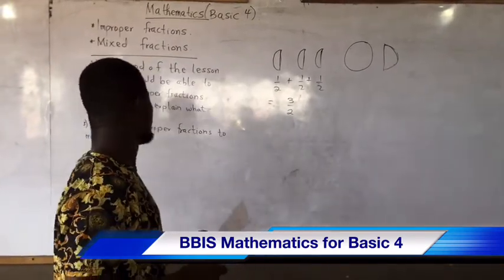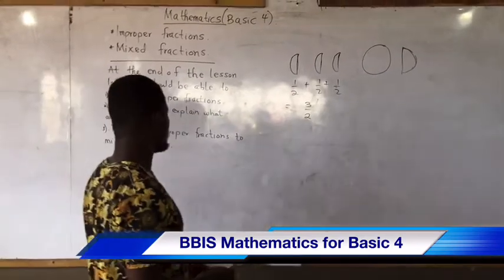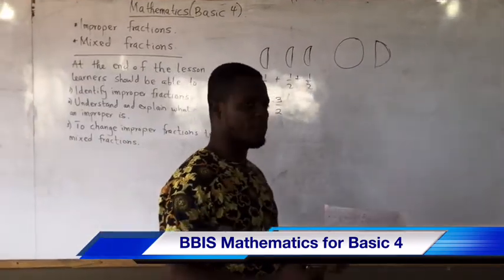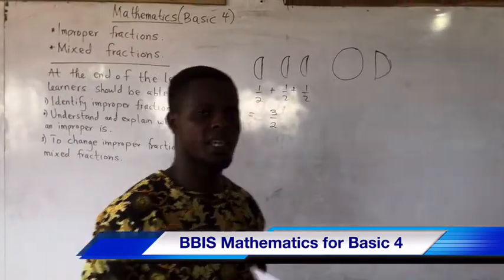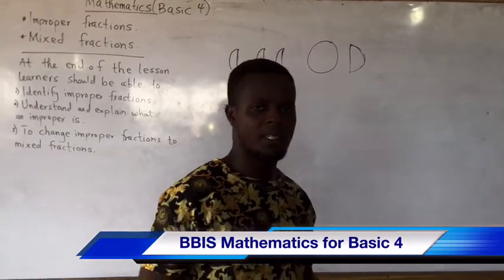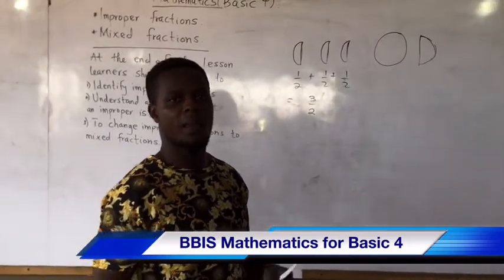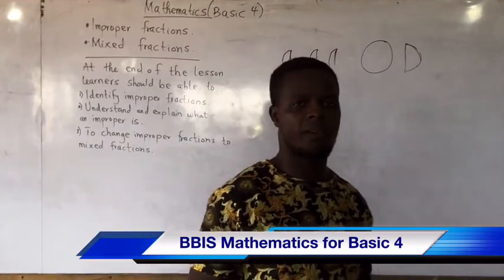Now let's move on to how to change an improper fraction to a mixed fraction. Before that, you have to understand the meaning of a mixed fraction. What is a mixed fraction? A mixed fraction contains a whole number and a fraction.